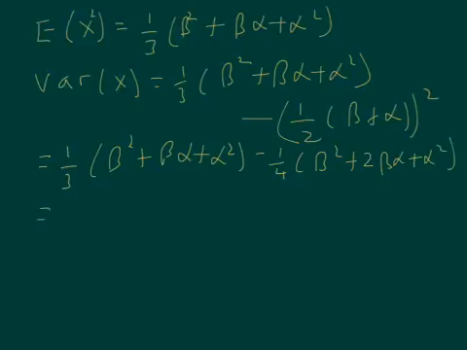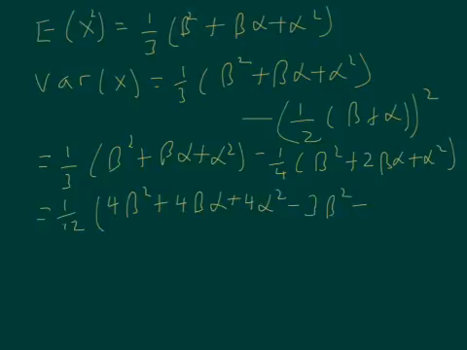So let's take 1/12 out. If I've taken a 12th out and this was a third, I've got to times everything here by 4. So it's 4 beta squared plus 4 beta alpha plus 4 alpha squared. But I've taken a 12th out, so I've got to times everything here by 3. So that's minus, everything's minus, so it's 3 beta squared minus 6 beta alpha minus 3 alpha squared.